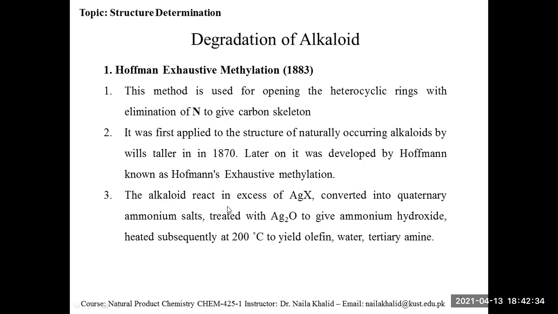The alkaloid reacts with excess alkyl halide and is converted into a quaternary ammonium salt, treated with silver oxide to give ammonium hydroxide, and heated subsequently at 200 degrees centigrade to yield identifiable products: olefin, water, and tertiary amine.